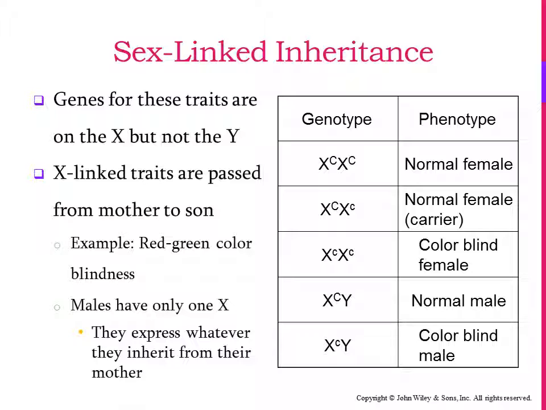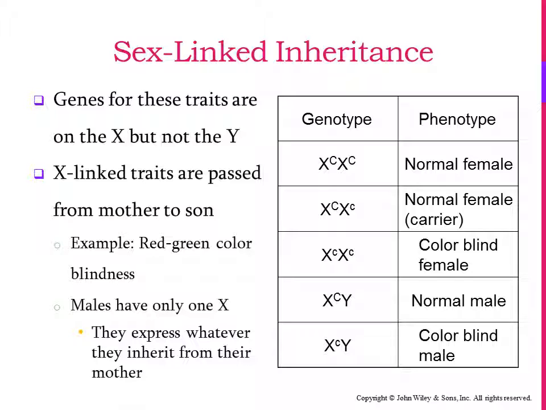But in the female, if she was heterozygous for that trait and she had one normal vision X chromosome and the other chromosome carried the color blindness allele, that female would still have normal vision, okay, because the regular vision is dominant to the color blindness, but she would be a carrier for color blindness.